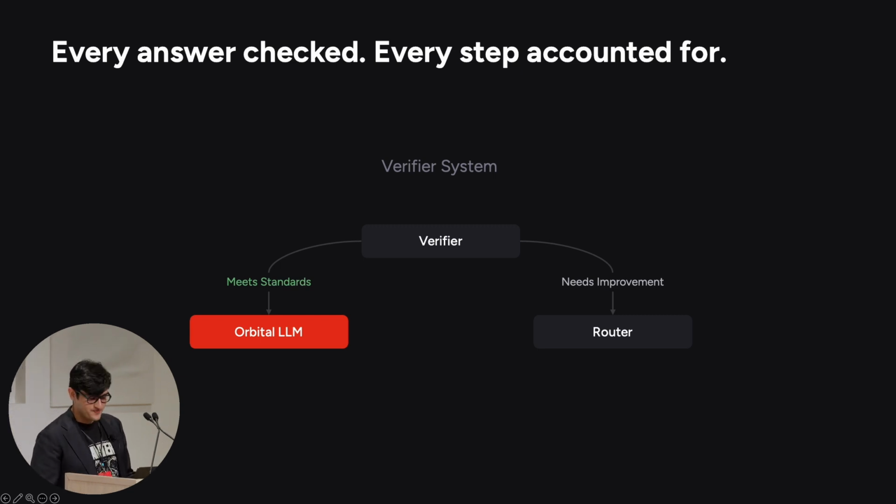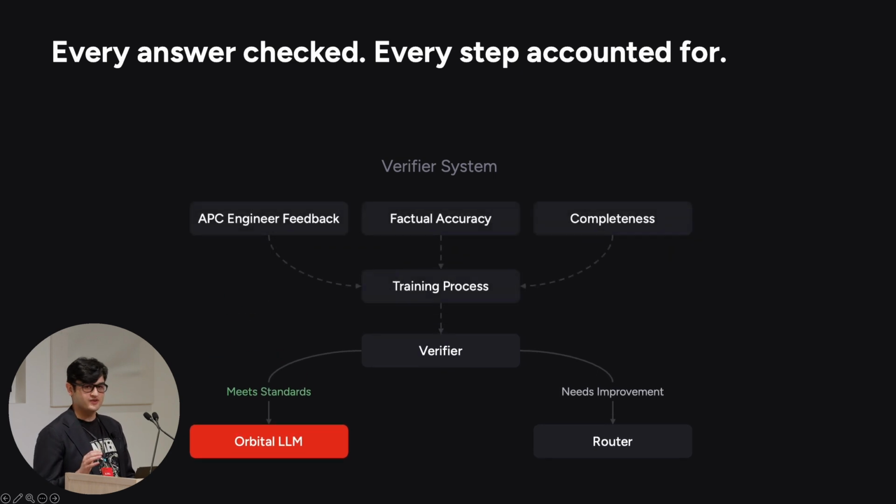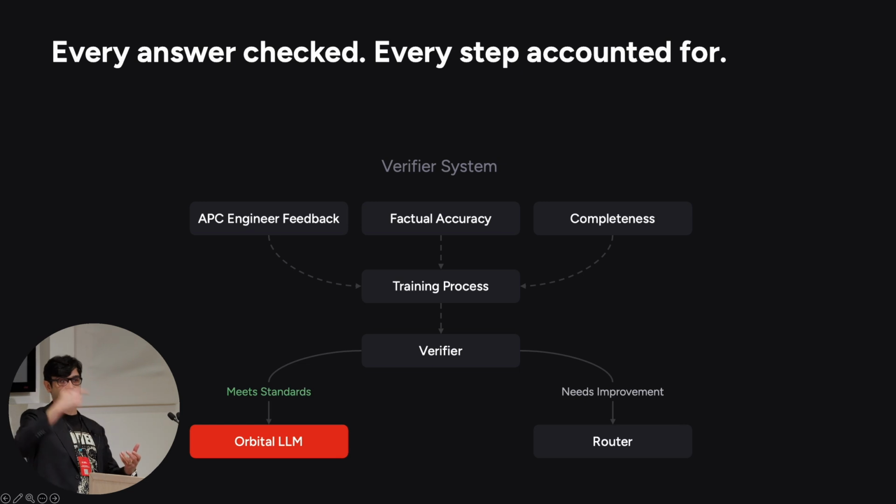And the verifier was trained with collecting countless amount of APC engineer feedback, as well as from the very same documentation, getting the factual accuracy correct, which means if I was to generate a reasoning, it has to match that and be found and cited from the documents itself. If not, then it's not going to be catered for.